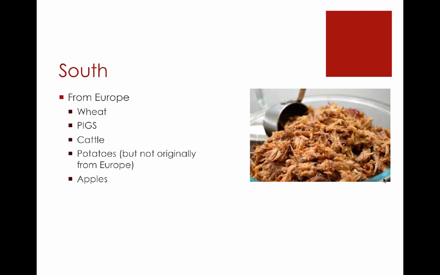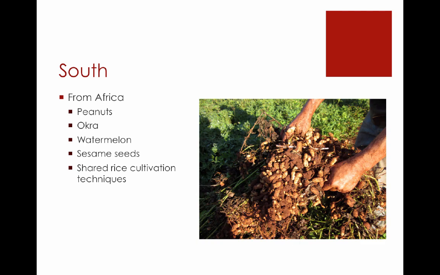They brought over pigs, right? And so we think of pork chops and everything else, and this is barbecue. They brought over cattle. They brought over potatoes, but remember, potatoes did not originate in Europe. Where'd they come from? Hopefully you just said Peru in your head. And then they also have a big influence with the apples.